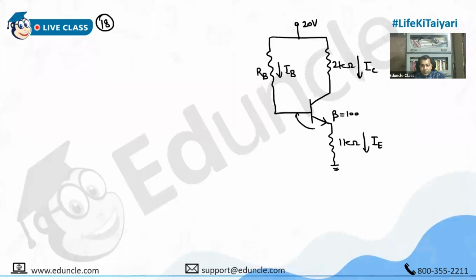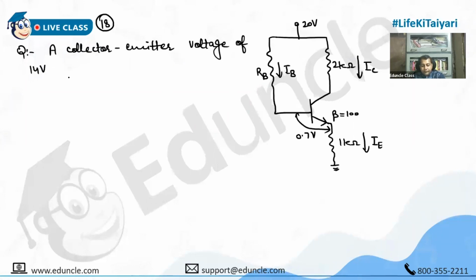So VBE is given to be 0.7. I'm writing the question in short. A collector emitter voltage reverse biases the collector.